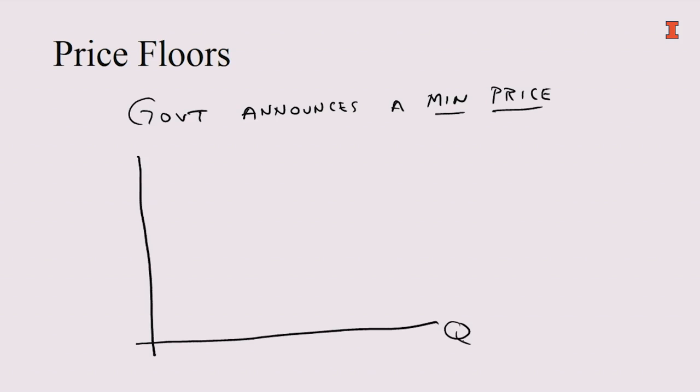Here's quantity, here's price, here's a demand curve, and this is, let's say, the floor price. The floor price means exactly what it says. A price up here is perfectly legal because it's greater than the floor price, but all of these prices are illegal because they're below the floor price. The government just won't let it happen. So price can never drop below that.